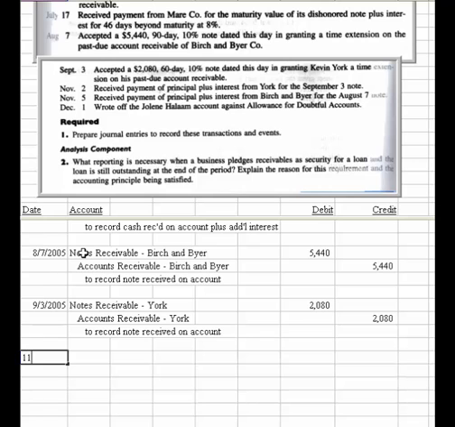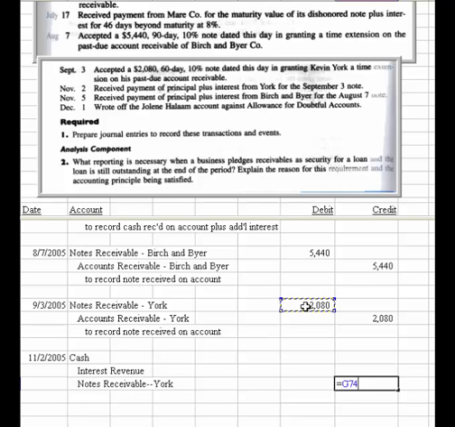Now we get to November 2nd. And on November 2nd, we receive payment of principal from York on the September 3rd note. Okay, let's do the easy part first. We know we're going to debit cash. We know we need to record some interest revenue. And we know we need to reduce the notes receivable. In fact, we need to reduce all of it because they've paid it, so the note goes away. Right? And the easy part first says that note is equal to that dollar amount.